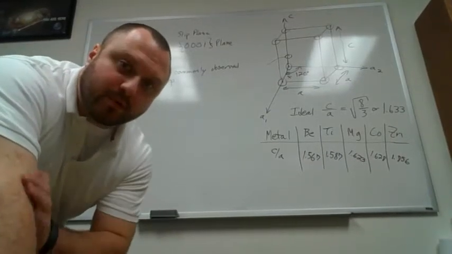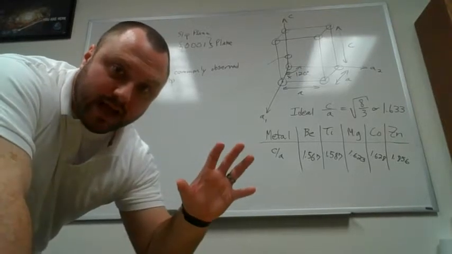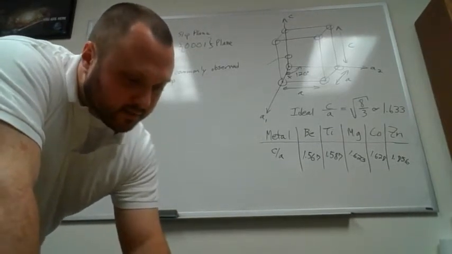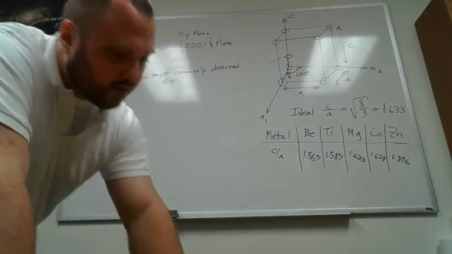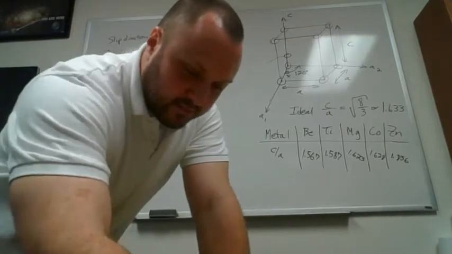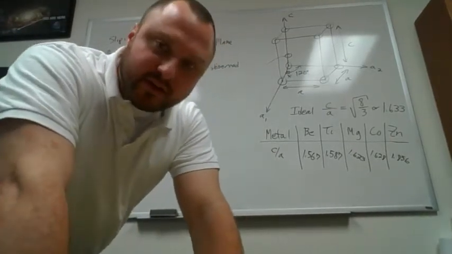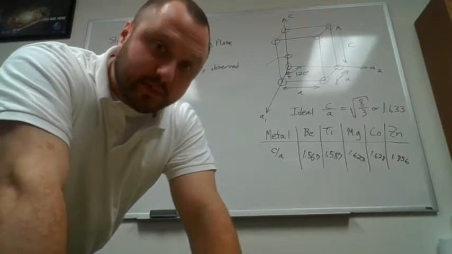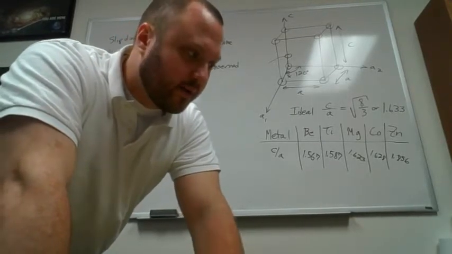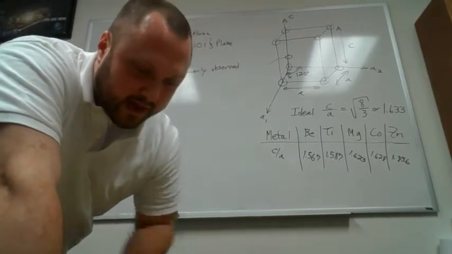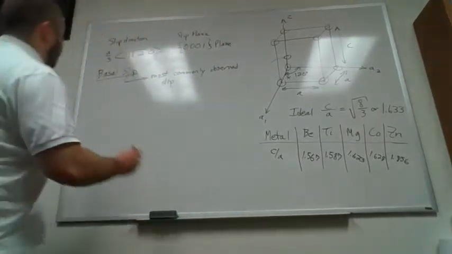If you go and you look back at that hexagonal lattice, what we find is that this A over 3, 1, 1, 2 bar direction is also on the other two types of planes that I mentioned. It's also on the prismatic planes, and it's also on the pyramidal planes. Okay, so it is possible to have non-ideal slip.